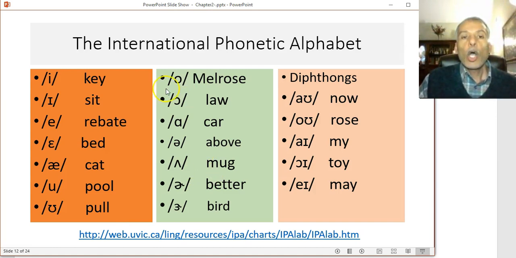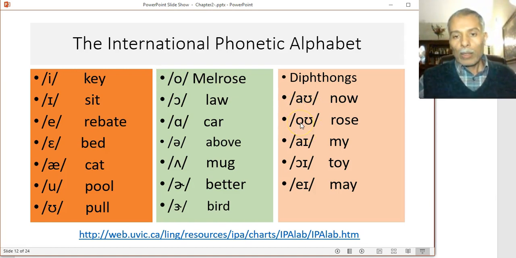Okay, and then we have the O, and we have another sound that is going to be related to it, that diphthong. So this O is shorter than the other. The long O comes in single syllable words that have the O letter, as in rose. See how exaggerated you say rose.